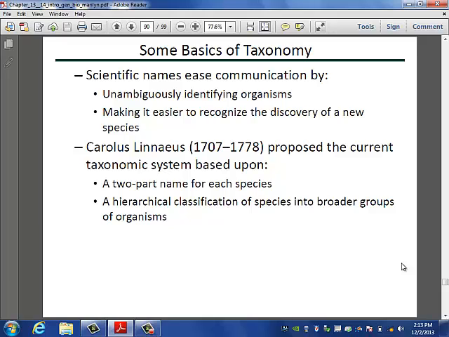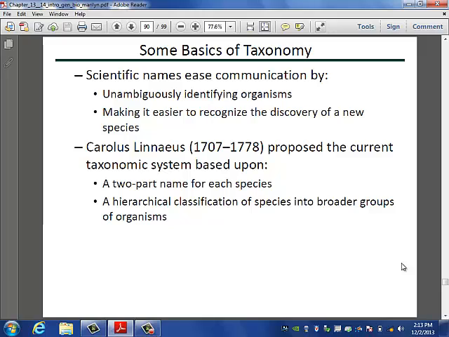Scientific names ease communication by unambiguously identifying an organism by genus and species. Very scientific criteria. Making it easier to recognize the discovery of a new species within that taxonomic tree.